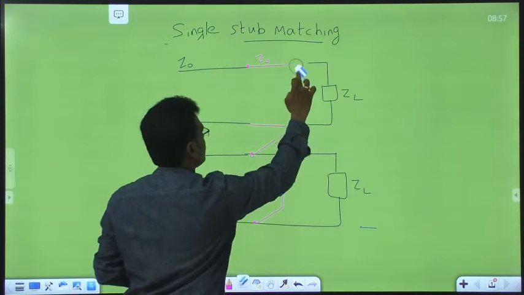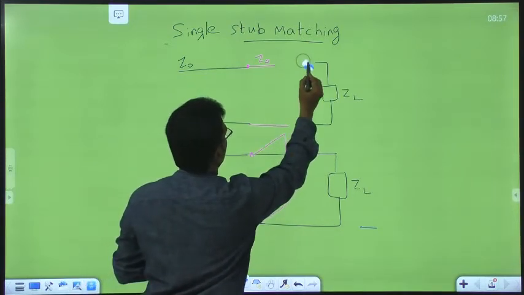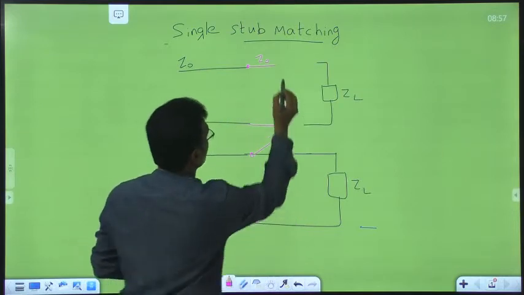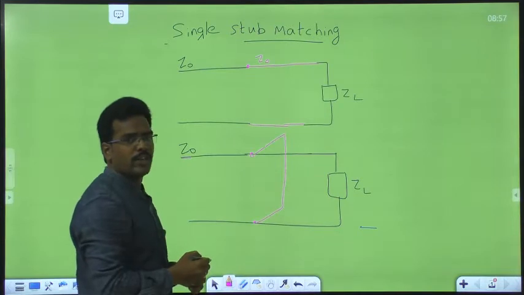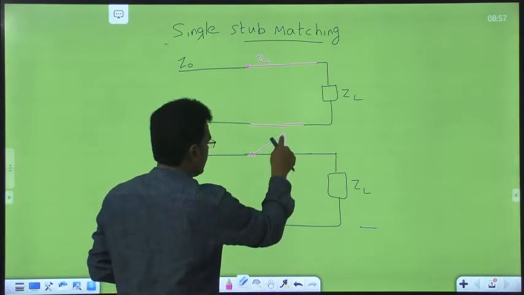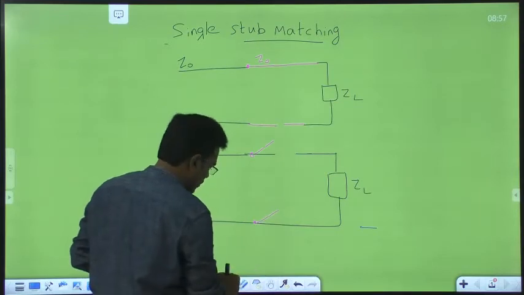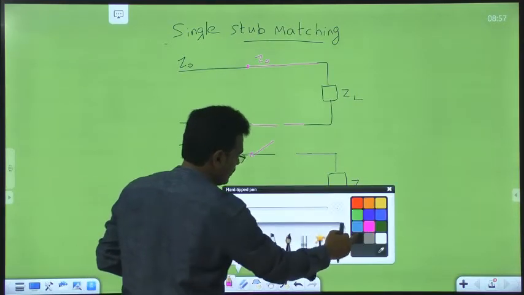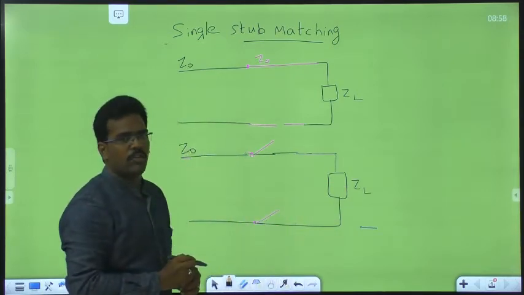This is the circuit for an open circuit stub connected in series to the main transmission line, and this is the stub connected in parallel to the main transmission line. So totally four configurations.